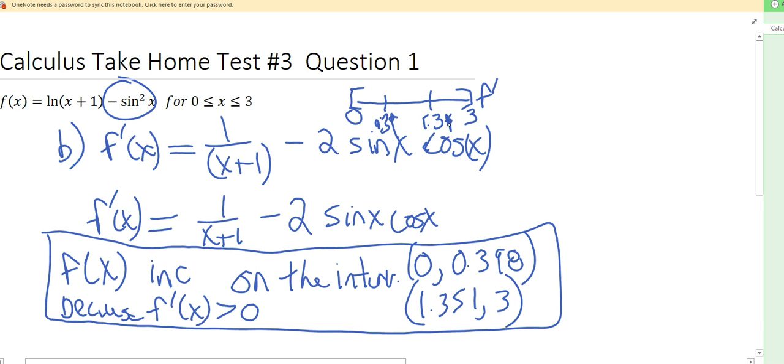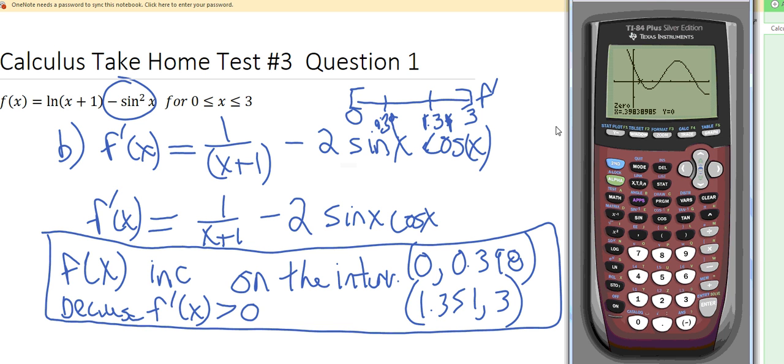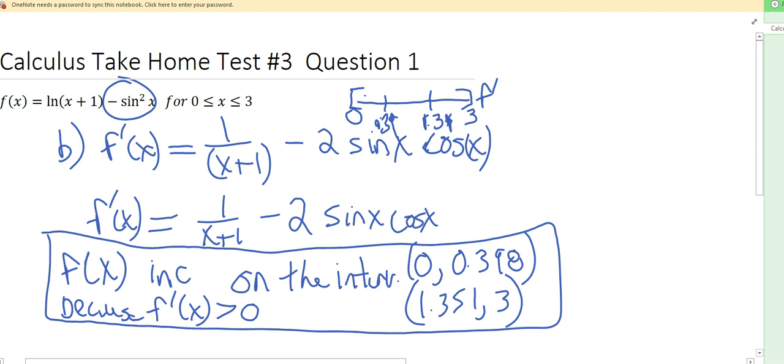Okay. Anyways, this is the derivative. And we can go back and look at our calculator and see that it's positive here, negative here, and then positive the remaining portion of the graph. So we have to test, we actually show them the test for the minimum.